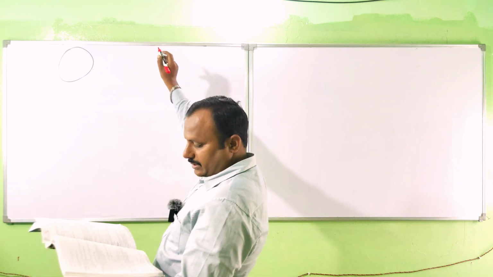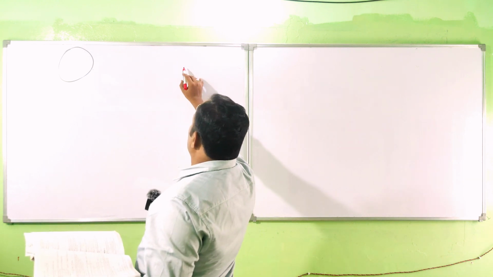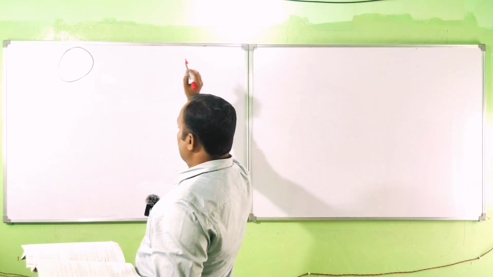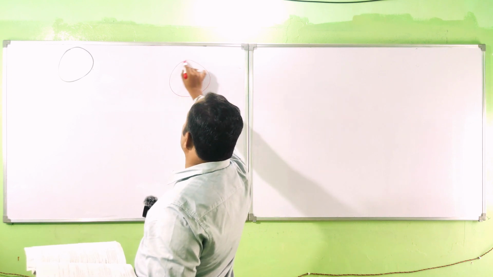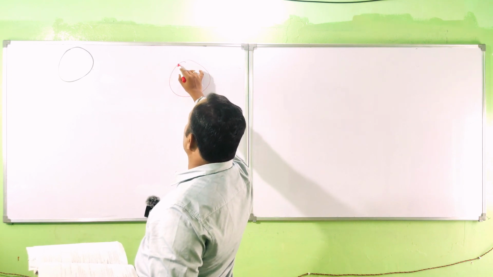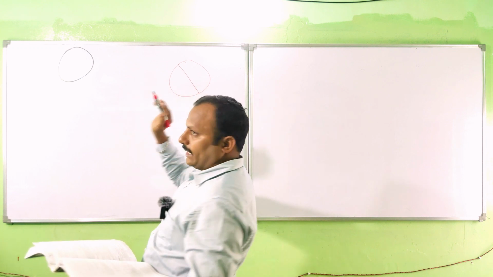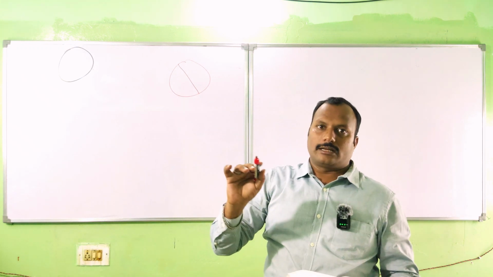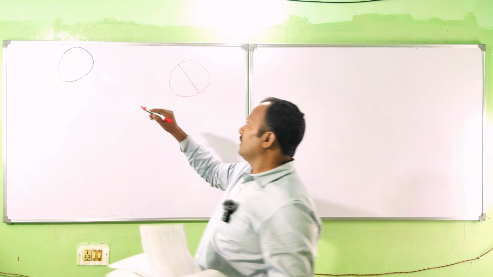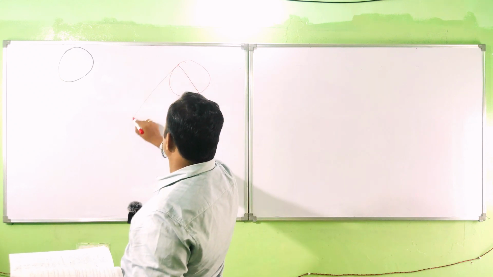Question number 7 is very important. They give a moon, and they want the diameter of the moon. The angle subtended by the arc on the earth is half a degree.